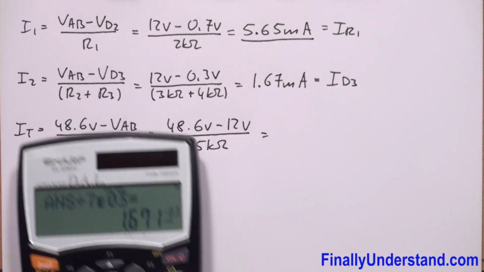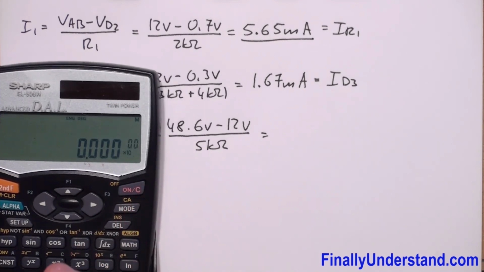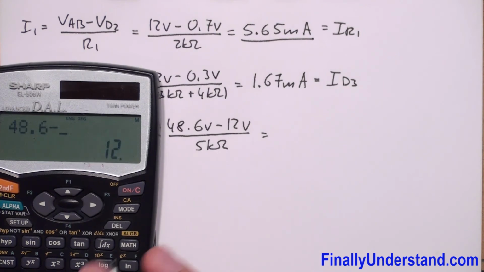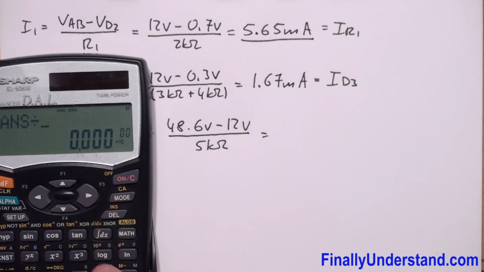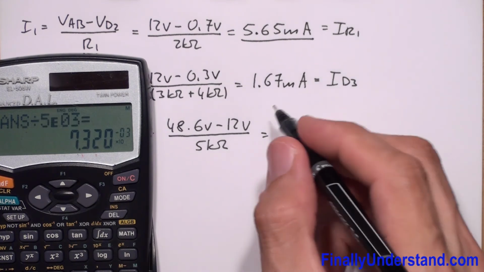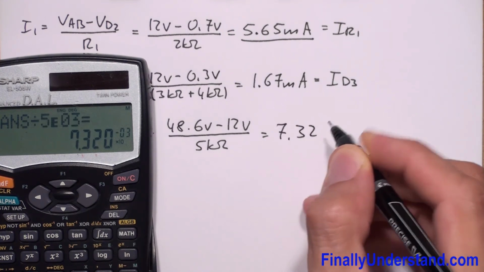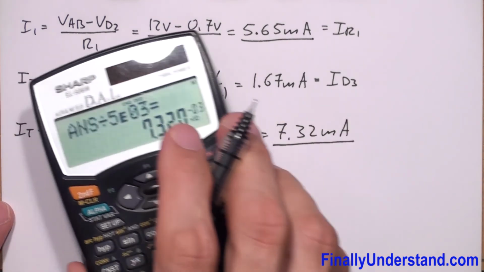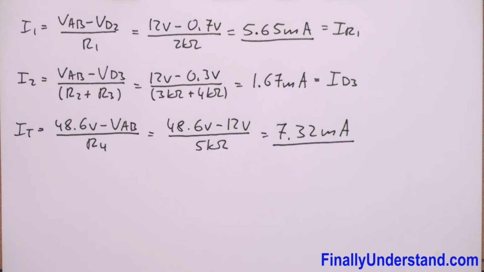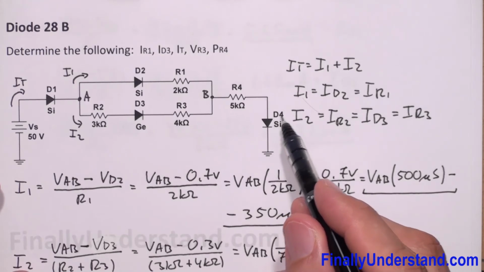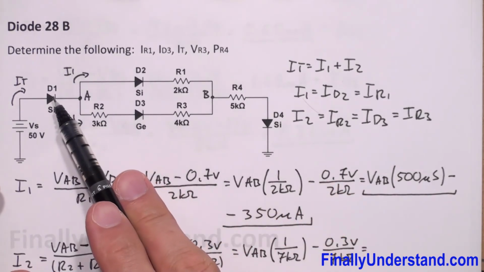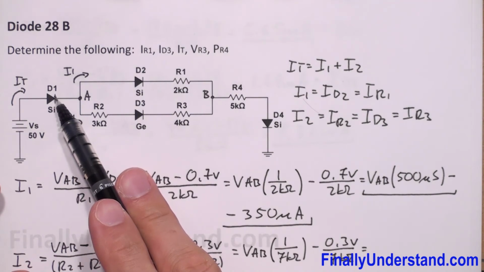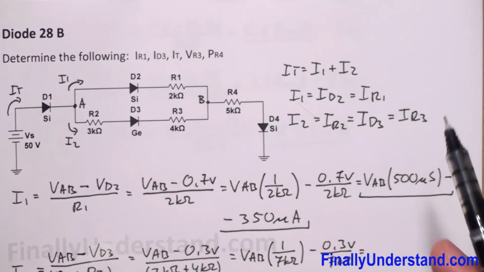This is equal to 48.6 minus 12 divided by 5 exponent 3. This is equal to 7.32 milliamps. Okay, so this is the current which will go through the resistor R4. This is the current which will go through the diode D4, and this is the current which will go through the diode D1. In other words, this is my I total.